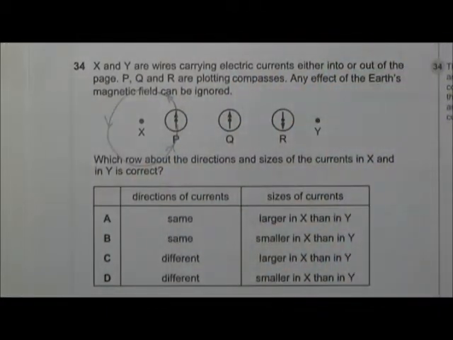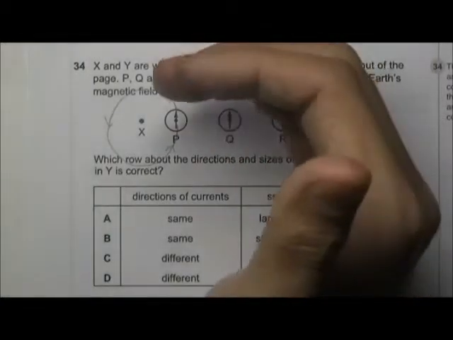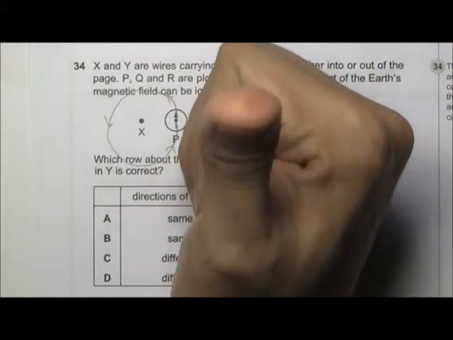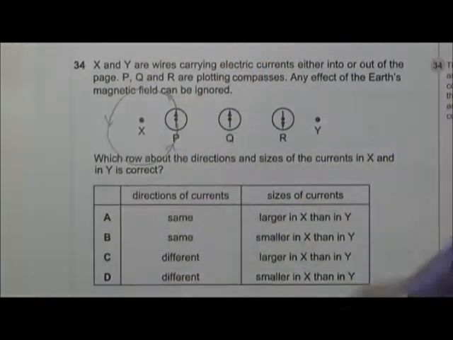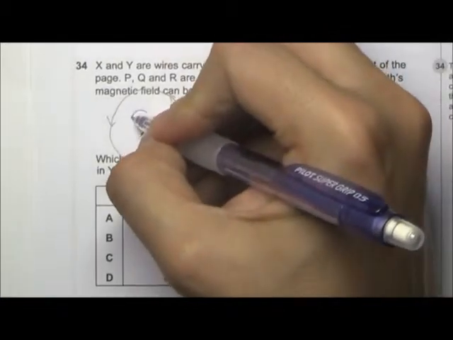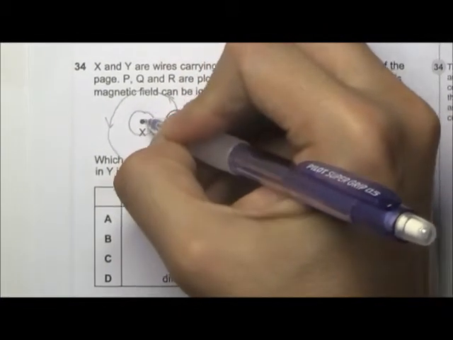So for the field to go in anti-clockwise direction, using our right hand grip rule, the current must be flowing out of the paper. So it can be represented with a dot.